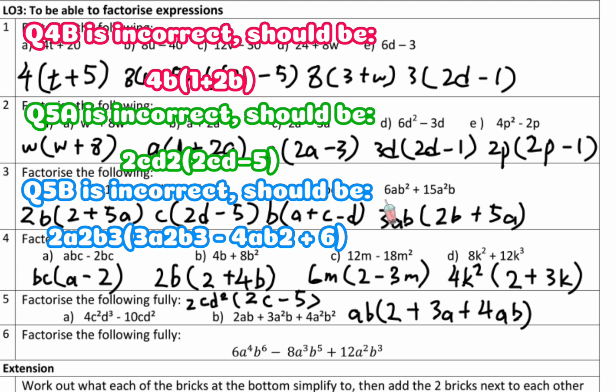So for this question, we can take 2, and a squared with b cubed bracket 3a and b cubed minus 4ab squared plus 6, and that will be our final answer.